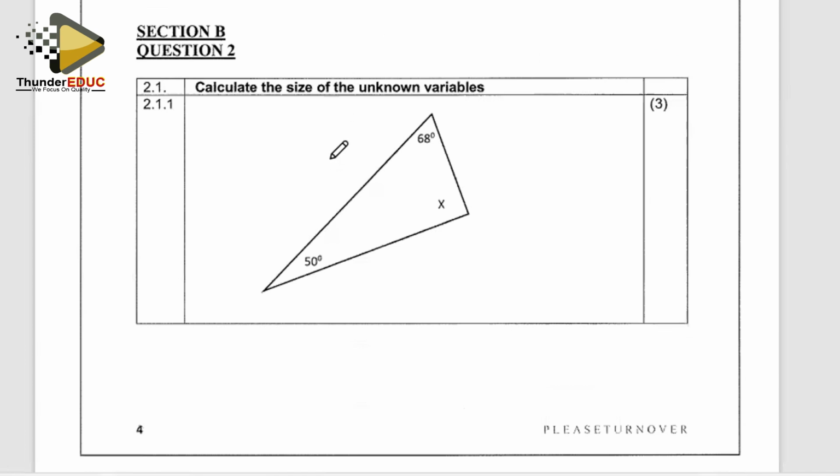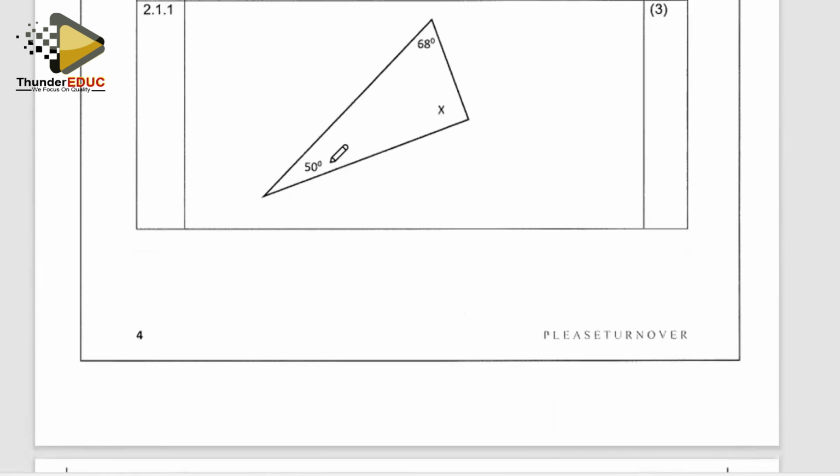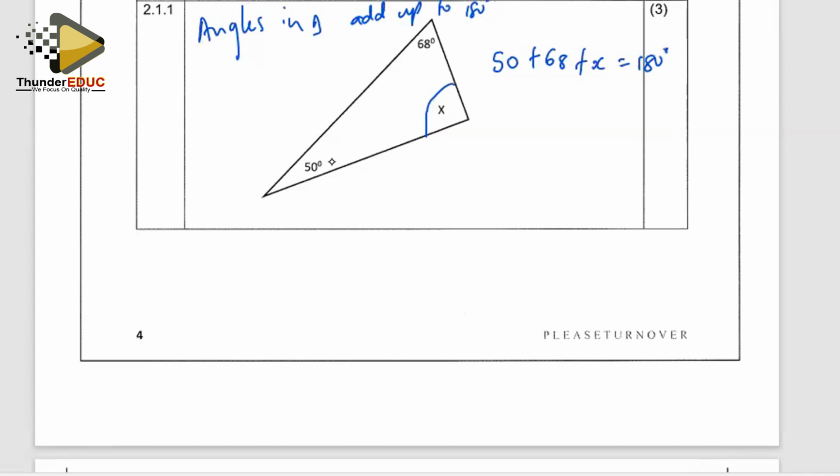Then question 2, they want us to calculate the size of the unknown variables. Now, what shape do we have here? This is a triangle, and the x that they're talking about is an angle. We know that angles in a triangle must add up to 180 degrees, which means 50 plus 68 plus x must give us 180.